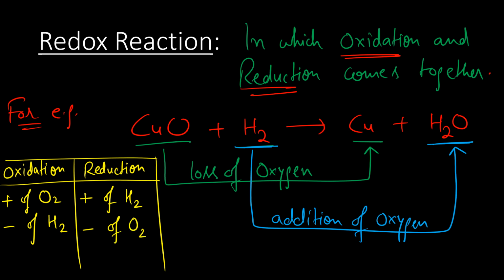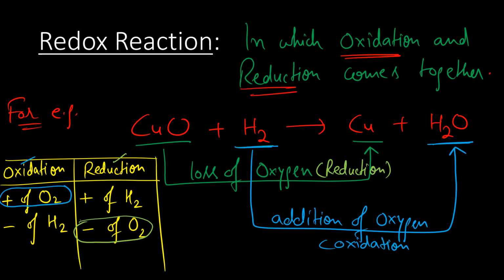Now you may see where we have loss of oxygen, it means it's going to correspond to reduction. Now where can we see addition of oxygen? Here we have addition of oxygen, so it's going to correspond to oxidation. So we can say this is a good example of a redox reaction, because here we can see reduction and oxidation together.